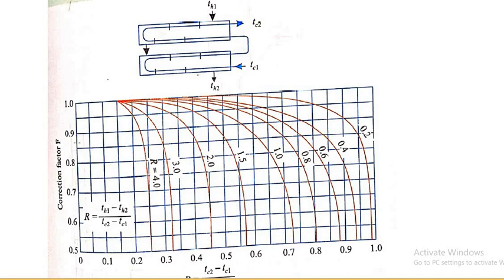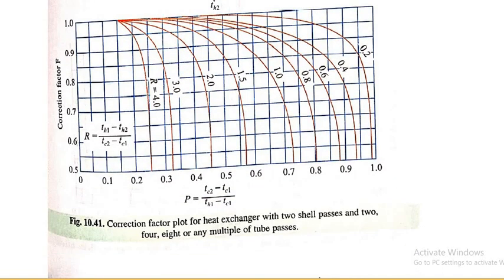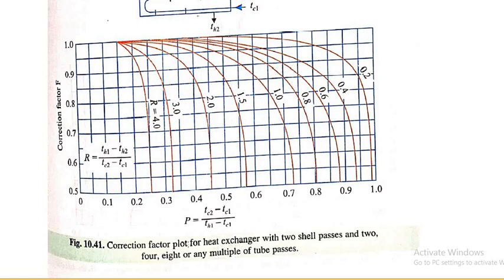So this is the correction factor, and this particular chart is also used for, first of all, the 2 shell passes and 4 tube passes heat exchanger, but it is also used for 2 shell passes and 2 tube passes, or 4 tube passes, or 8 or any multiple of tube passes.